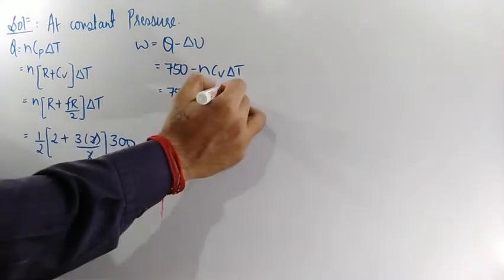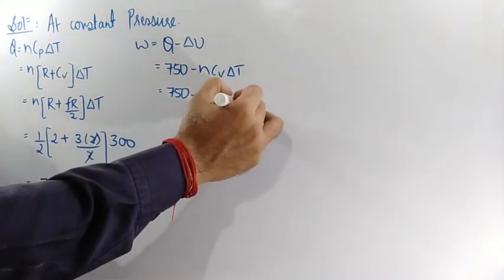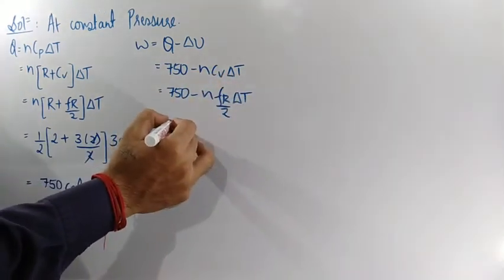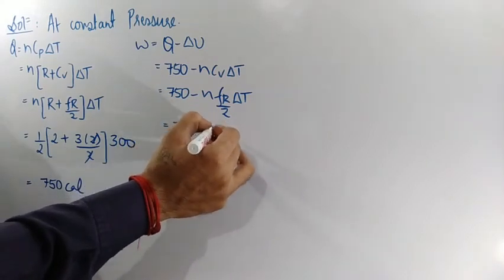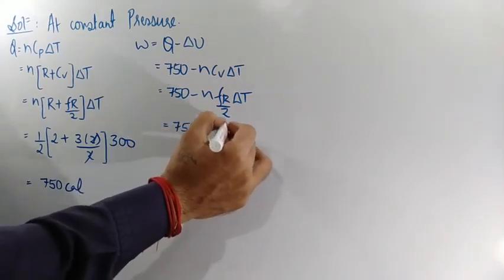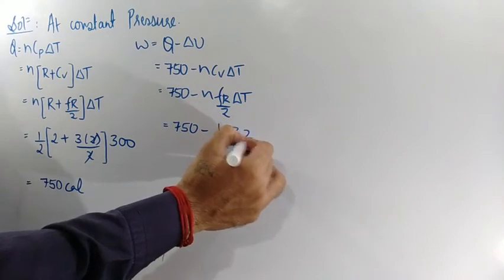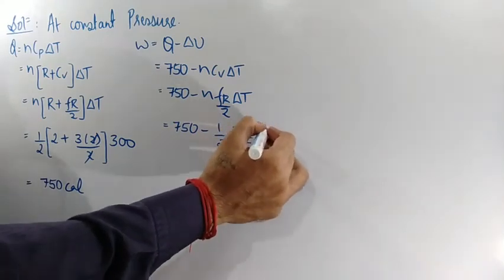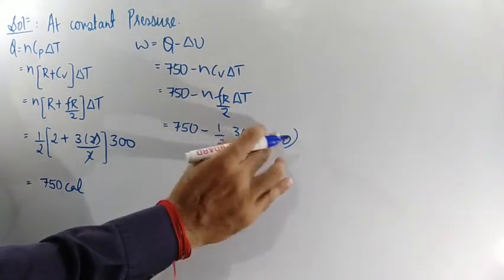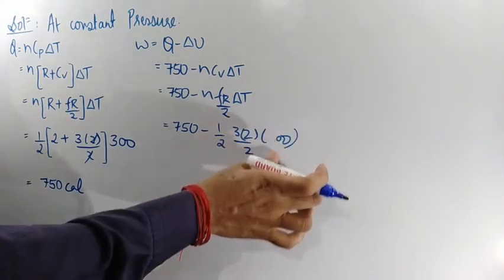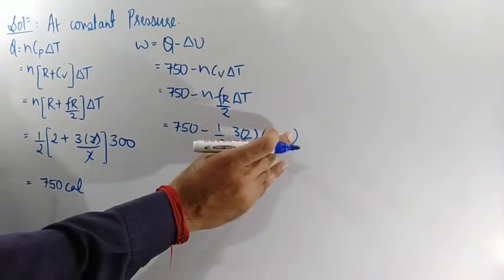750 minus n, Cv value is f R by 2, into delta T. 750 minus n value is 1 by 2, f value is 3, R value 2 divided by 2, delta T value 300. Clear?